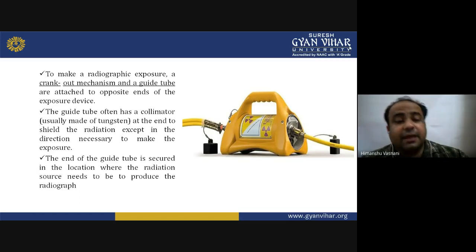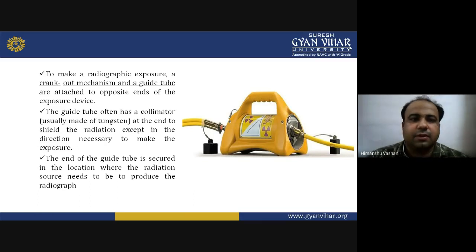Okay, the end of the guide tube is secured in the location where the radiation source needs to produce a radiograph, which is important. You can see in the diagram how this arrangement is done.